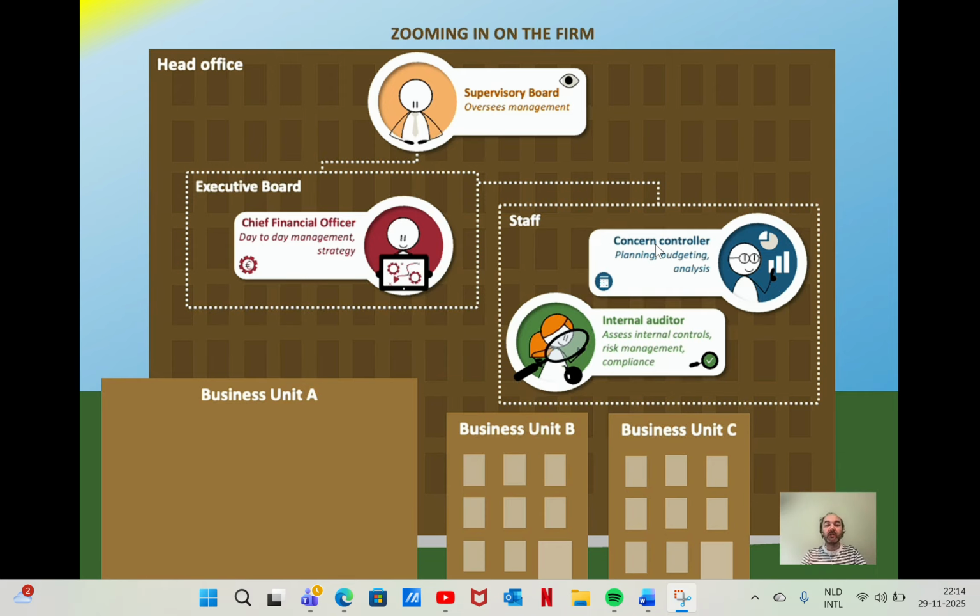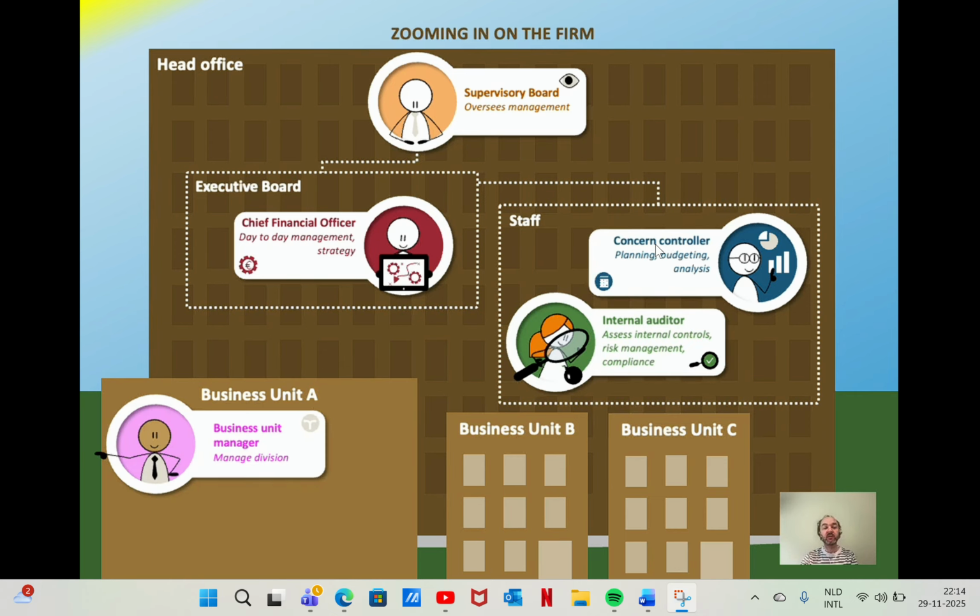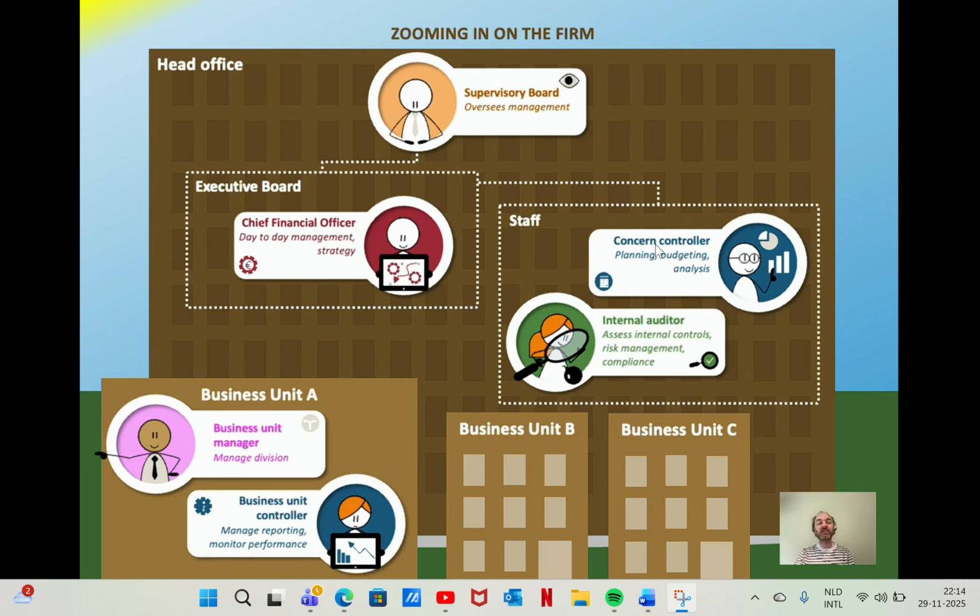Now, you can say a firm has different business units, and let's focus on one business unit A. Of course, a lot of people work there, but some roles that are important for us are the business unit manager. This is the person that manages a division, but then also, of course, a business unit controller. So remember from an earlier slide that the controller makes sense of all that information, collects the information, or reports it internally.